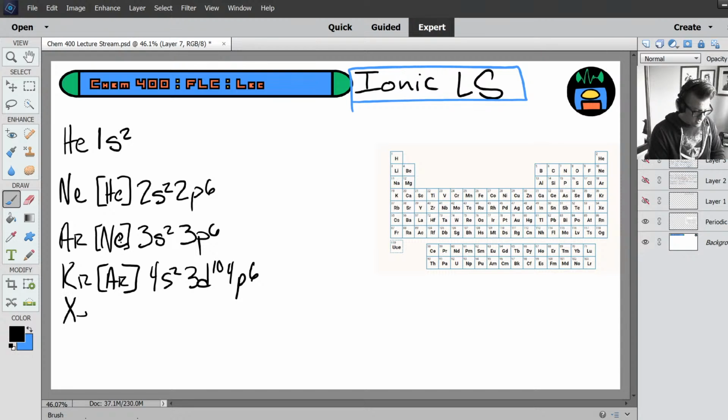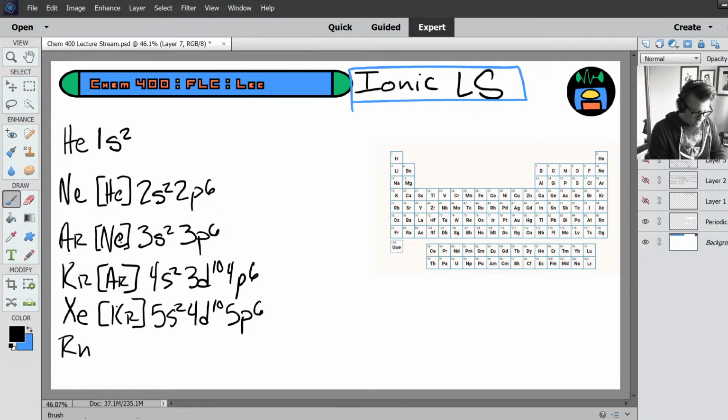Xenon has a krypton core, 5s2, 4d10, 5p6.